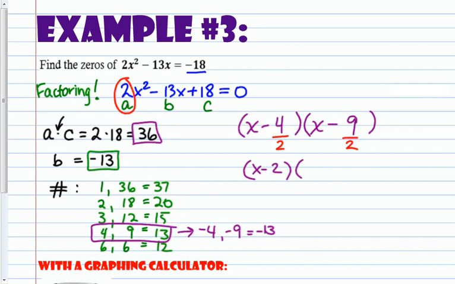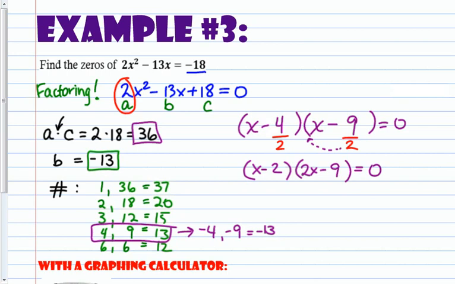Now, when you're factoring, you're actually not allowed to leave your factors in fraction form. So in order to get rid of that fraction, the only way to do it is to multiply by 2. So now I have 2x minus 18/2, and 18 divided by 2 is 9. The shortcut way of looking at this is, let's just put u right here, and then get rid of the fraction. That would be another way of looking at it.